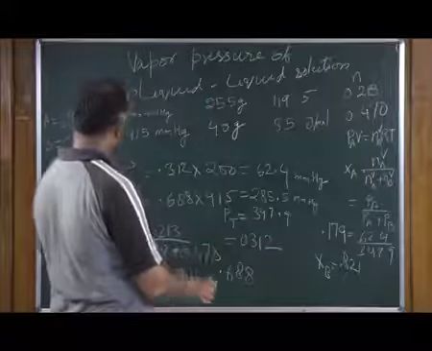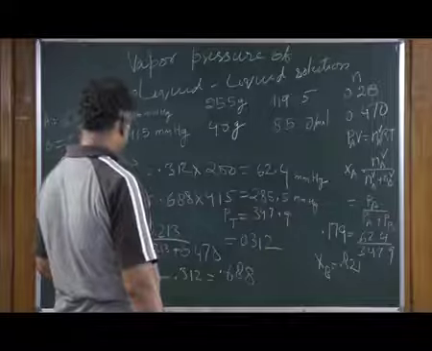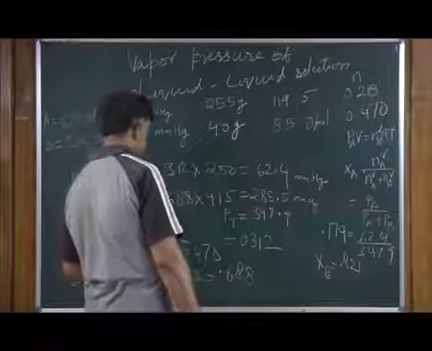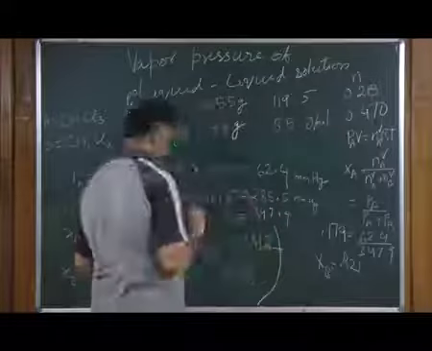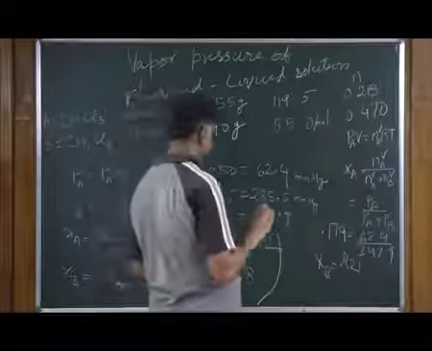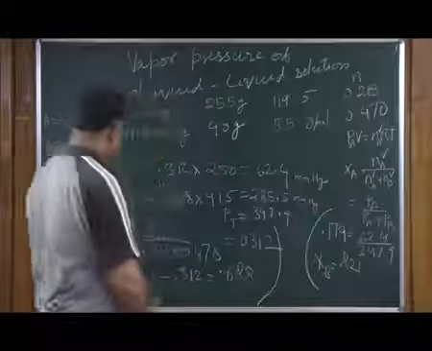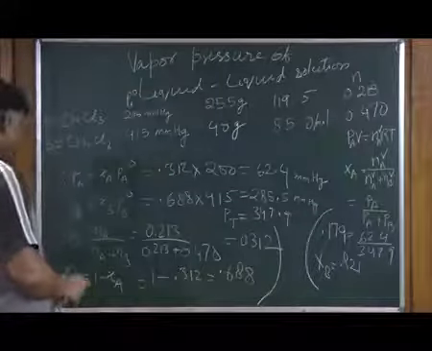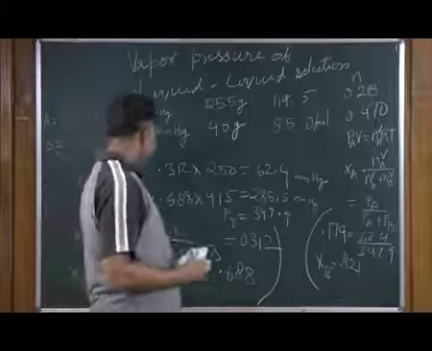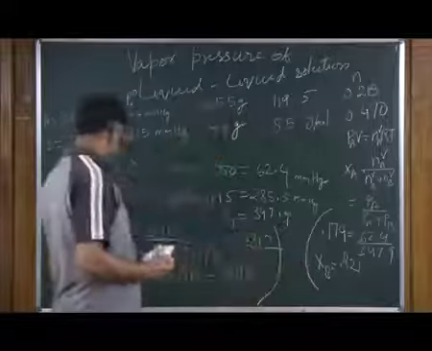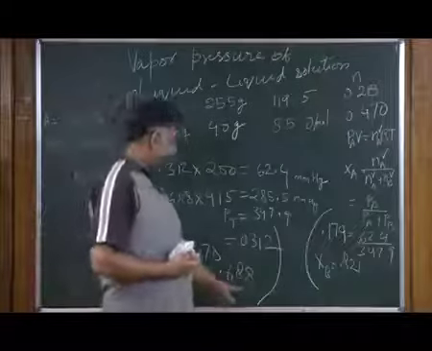Okay. So, we have calculated the mole fraction of A and mole fraction of B in solution, and the mole fraction of A and mole fraction of B in vapor. One thing to notice is this: the vapor has become richer in B. See, in the liquid phase, the mole fraction of B was 0.688.